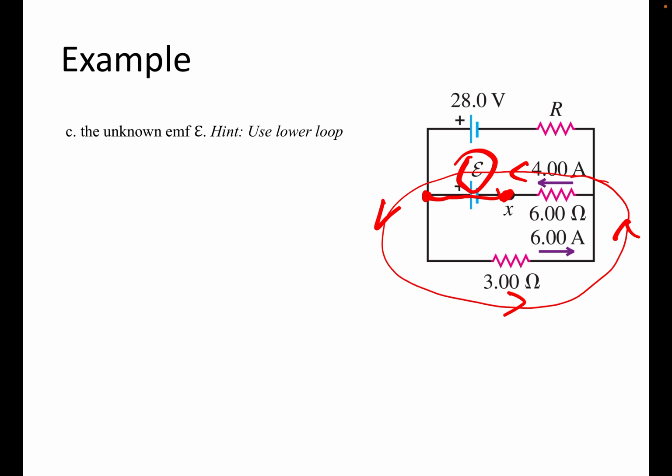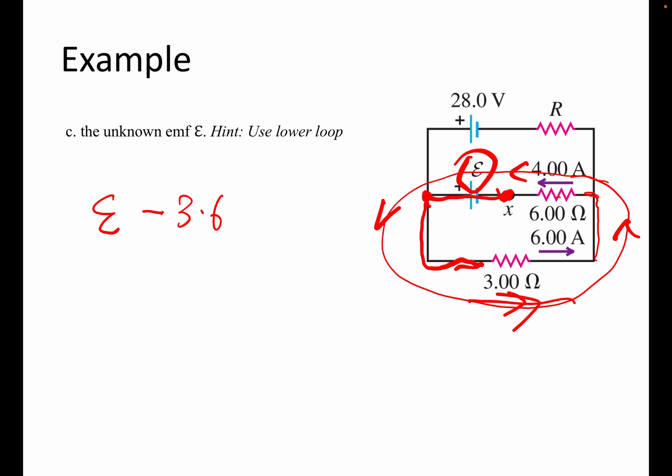So this is a potential increase because we move from the negative end to the positive end of the battery. Keep moving. We see this 3 ohm resistor, and the loop is in the same direction as the current, so it's a potential drop. And we need to go back to this point.